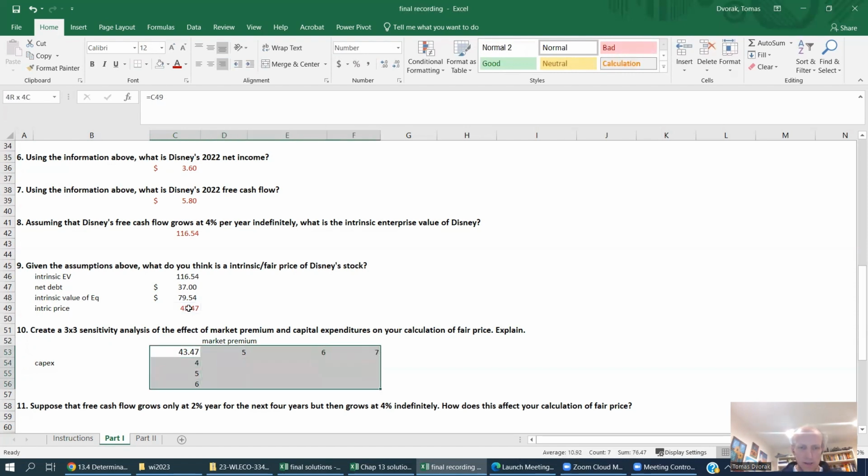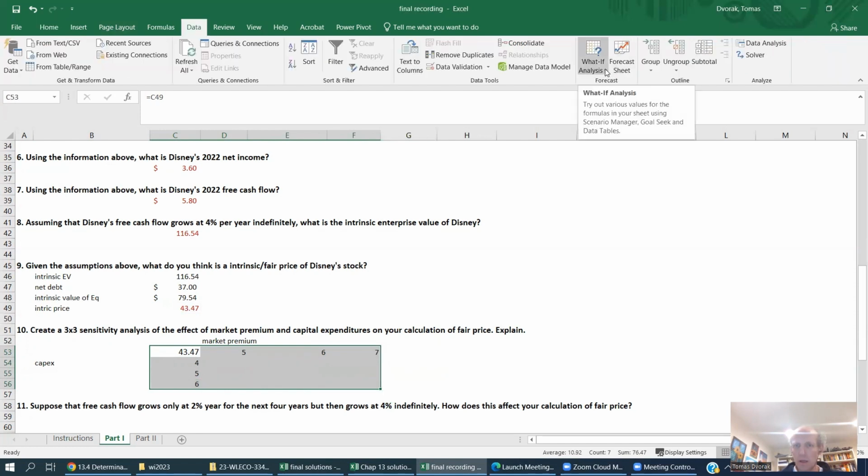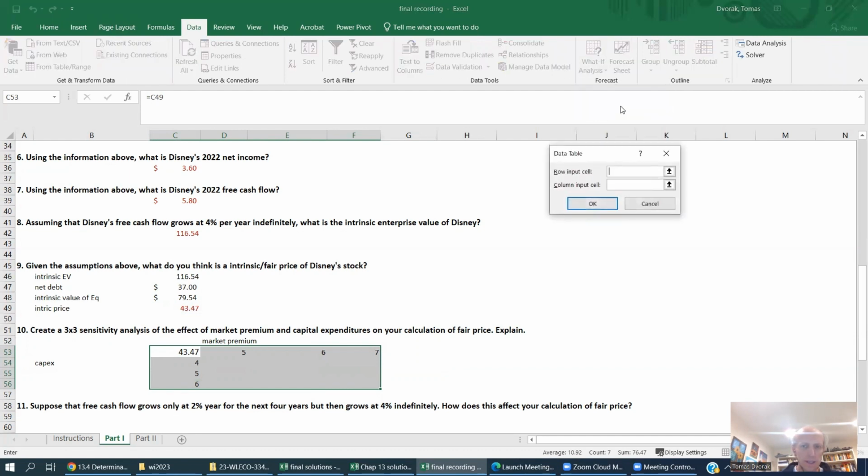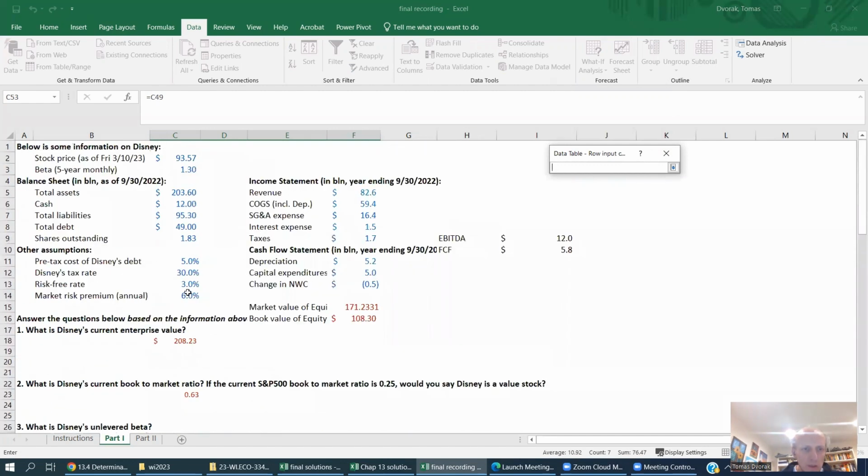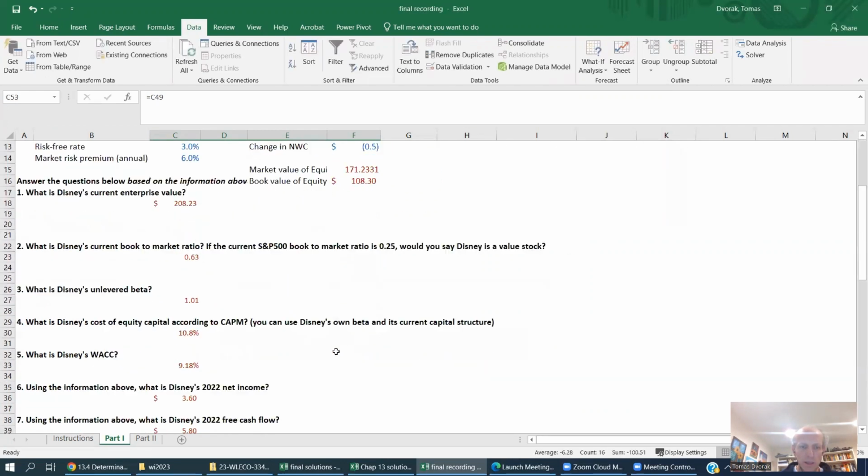Let's highlight this table. Go to Data, What-If Analysis, Data Table. The row input cell is the market premium, which is right here. The column input cell is capital expenditures, which is here. I'll say okay to that.